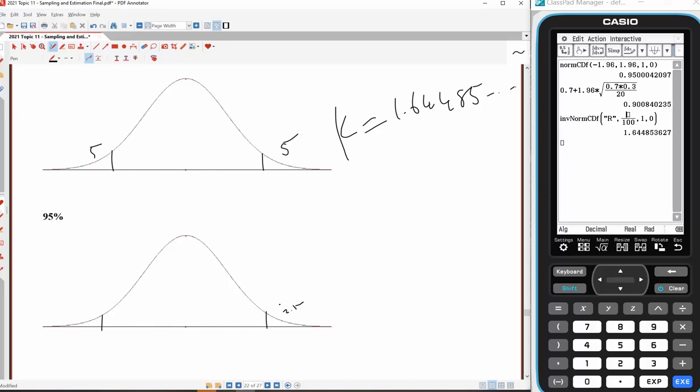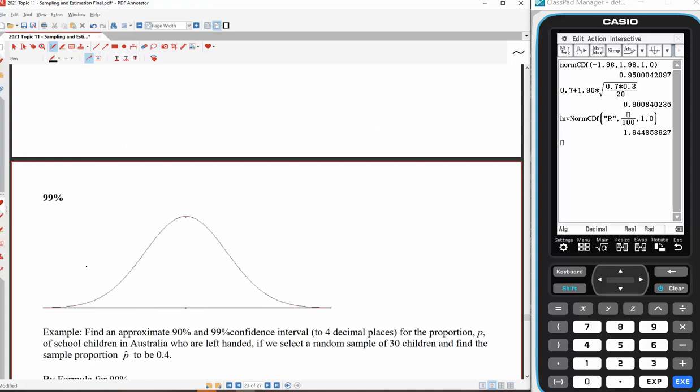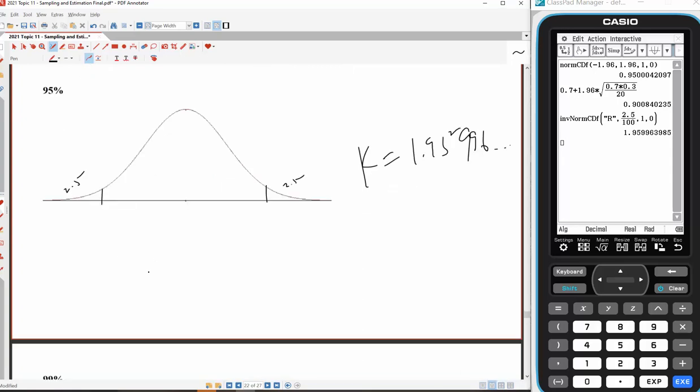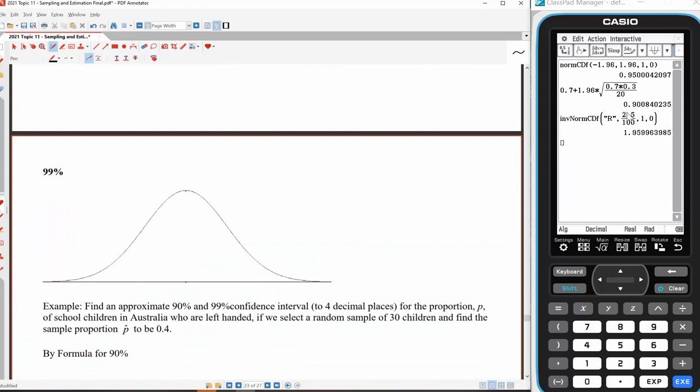This is 2.5 and this is 2.5, so we're going to change that to 2.5. Oopsie. Take 2, K equals 1.95996... roughly 1.96.